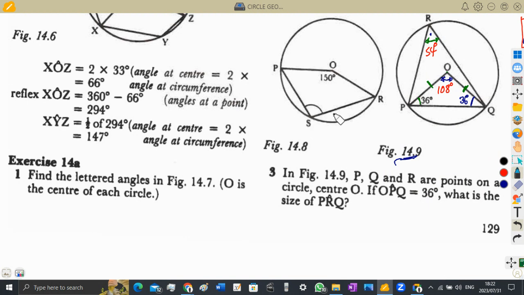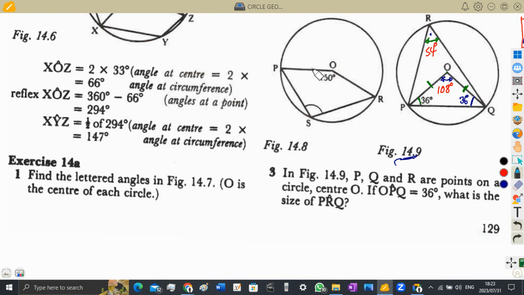This angle here, PSR, is an angle at the circumference, affected by this angle at the center, this one. This is what we are supposed to understand here. This angle S is affected by angle POR.